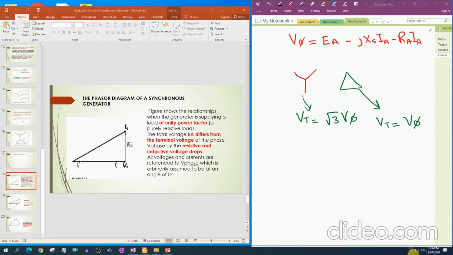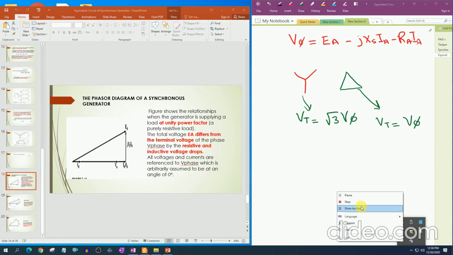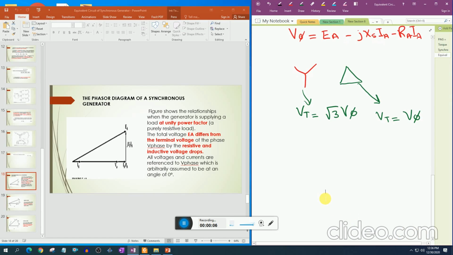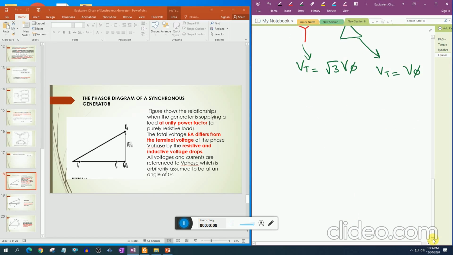Till now we modeled the equivalent circuit of the synchronous generator. Now we are going to study the phasor diagram of a synchronous generator. As with the phasor diagram of the transformer, this looks almost similar. This is the phasor diagram of a synchronous generator at unity power factor. At unity power factor, you can see Ia is in phase with V phase. Let this be V phase, arbitrarily taken at 0 degrees. Ia is in phase.